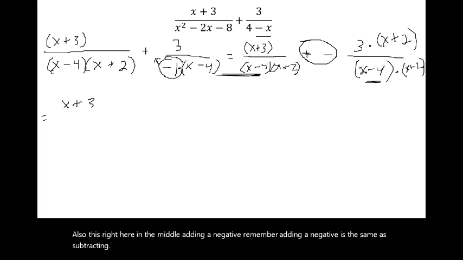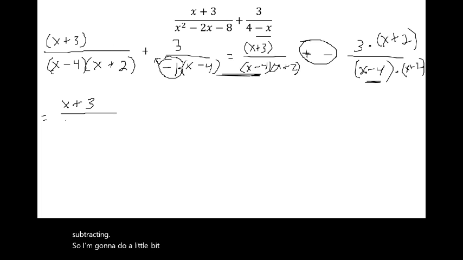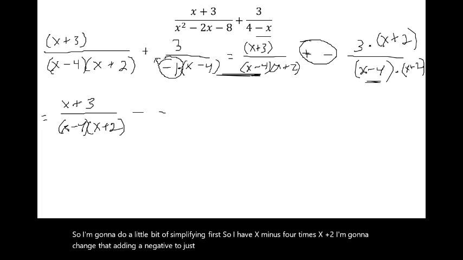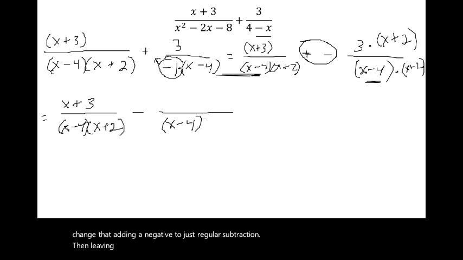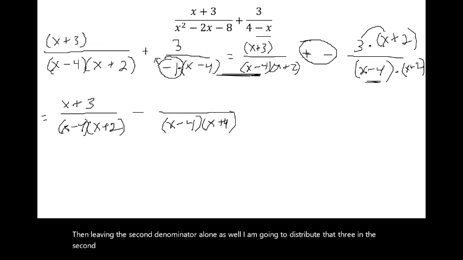So I'm going to do a little bit of simplifying first. So I have x minus 4 times x plus 2. I'm going to change that adding a negative to just regular subtraction. Then, leaving the second denominator alone as well, I am going to distribute that 3 in the second numerator. So 3 times x will give us 3x, and then 3 times 2 will give us plus 6.